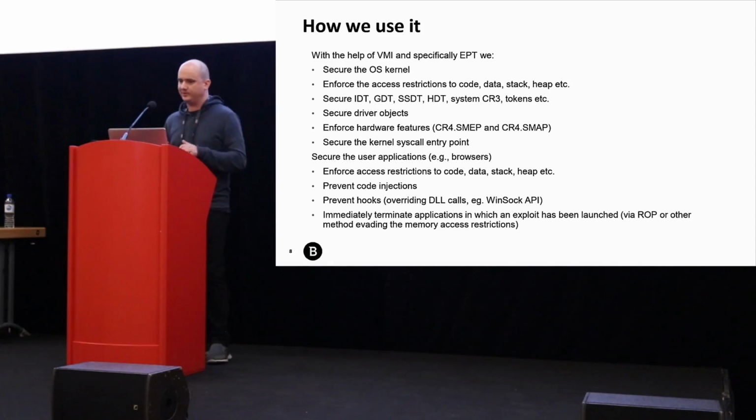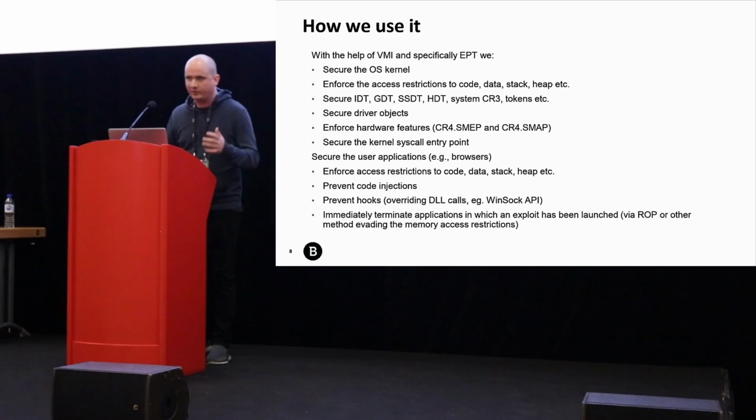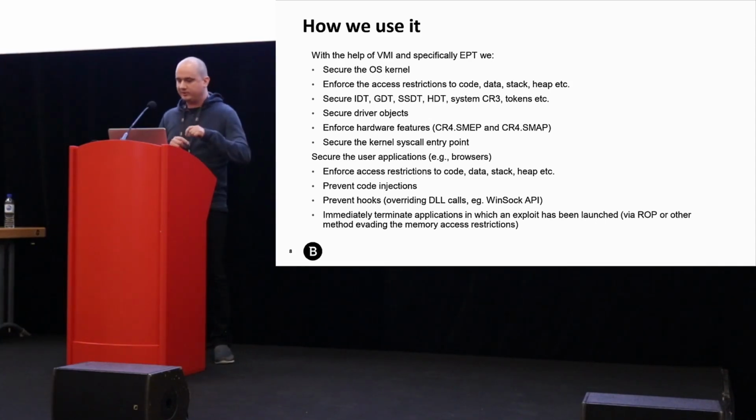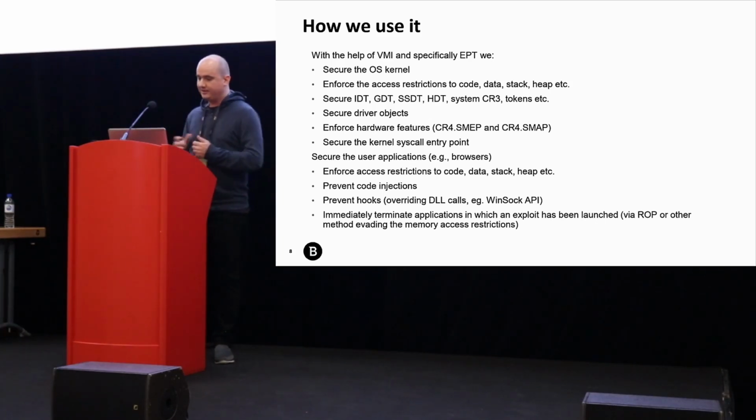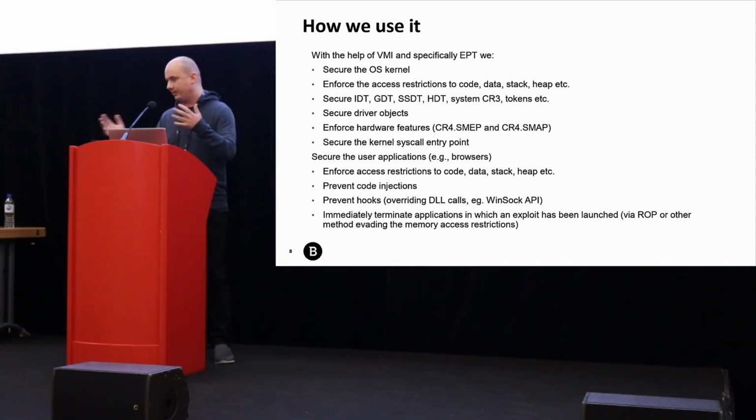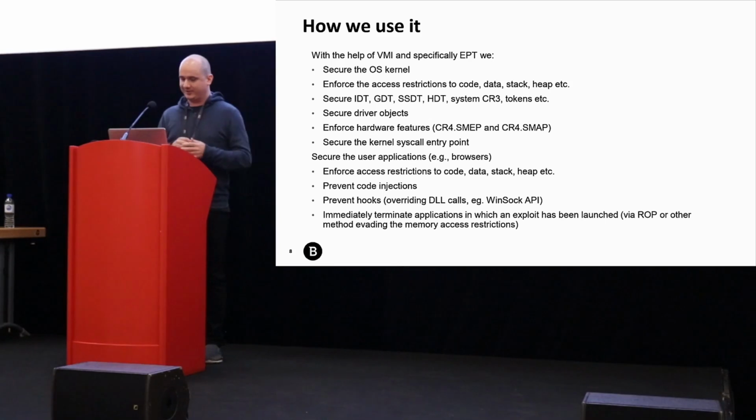This is a little bit more complicated because applications have their own page tables, have their own memory allocation built on top of the operating system memory allocation algorithms. But it can be doable. By closely monitoring the OS kernel, it can then infer what users' applications are started and provide the same security for code, data, prevent code injections, prevent DLLs, or shared objects, from being injected, not necessarily Windows specific, even though the majority of the use cases I'm talking about here are pretty well connected to Windows.